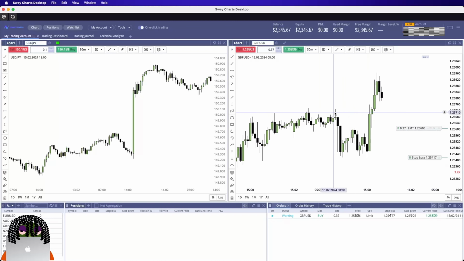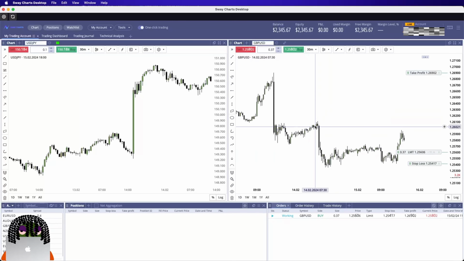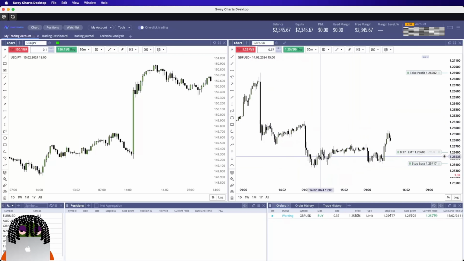But I like how it traded lower, took out some liquidity. You know, it is consolidating here, but you can see it took liquidity here as well, and it looked better on this chart. Let me go back to it.